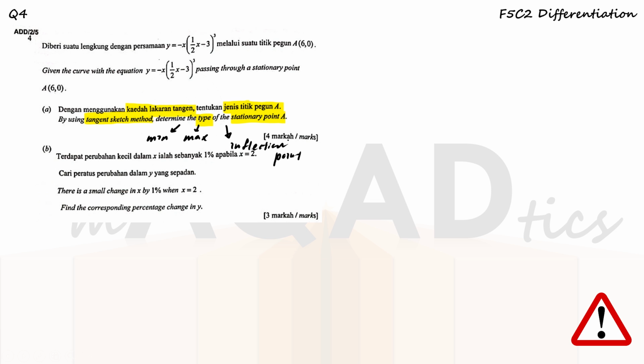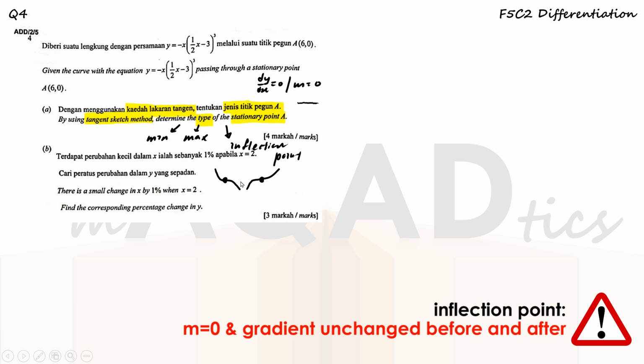So what is an inflection point? Recall that stationary points are where dy/dx equals 0, or the gradient is 0, which means it is a horizontal line. So these points are on a horizontal line, and when the line passes through this point, before and after, the gradient remains unchanged.